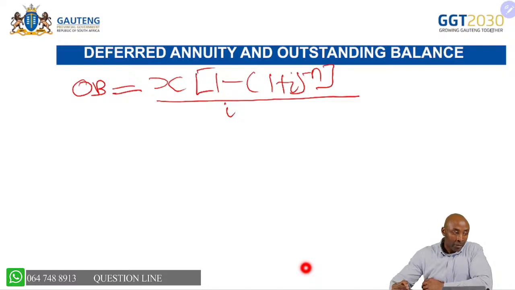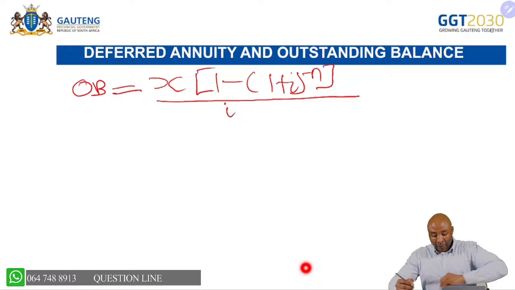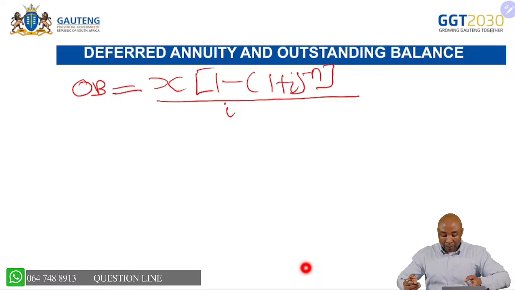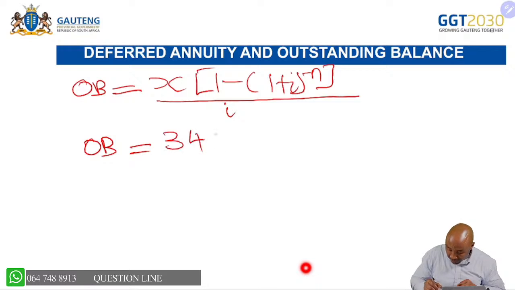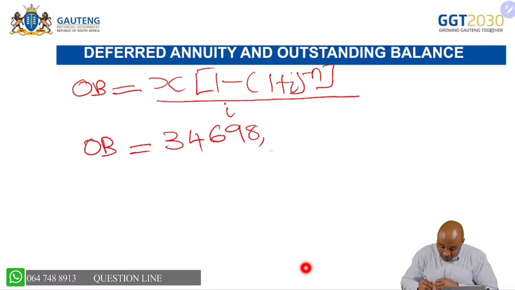Now, to get our outstanding balance, we have made 6 payments, and our outstanding balance will be given by our X. We got 34,698.43.